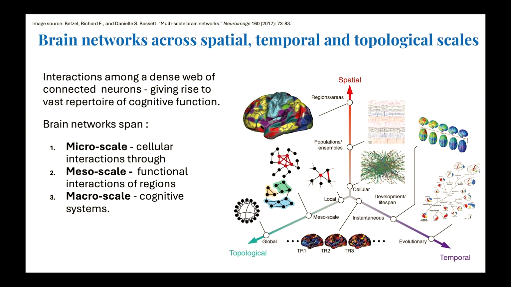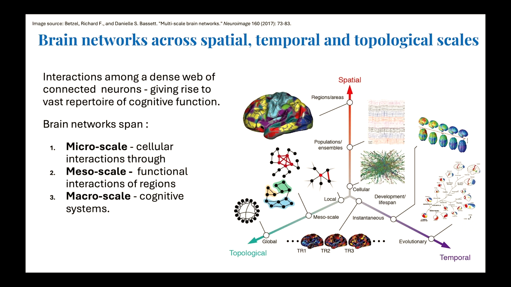If you want to aptly summarize what neuroscience has been doing all these years, this figure is probably one of the best, which summarizes these across scales. You can have a phenomenon at the cellular or subcellular level, and as a biologist you may be very interested in that.